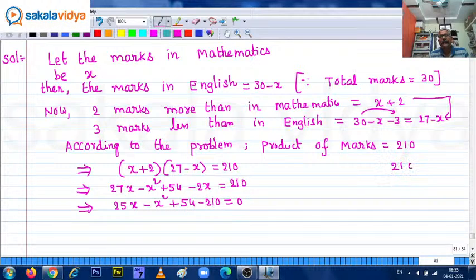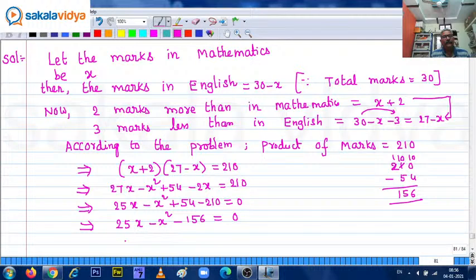So 210 minus 54. Subtracting 54 from 210, what do you get? 156. So now you will be getting 25x minus x square minus 156 equals 0.